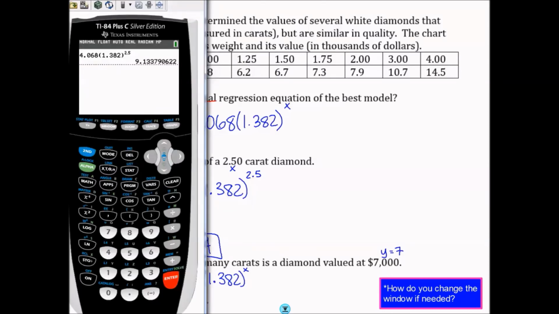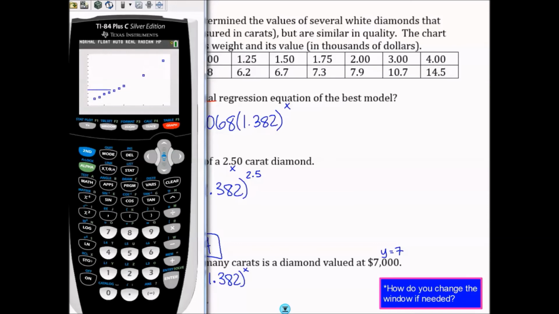If you go to the calculator, you go to y equals. If you type one side of the equal sign into y1 and one side of the equal sign into y2, we can use the graph to help us figure out the solution. So we have 7 equals 4.068 times 1.382 to the x power.